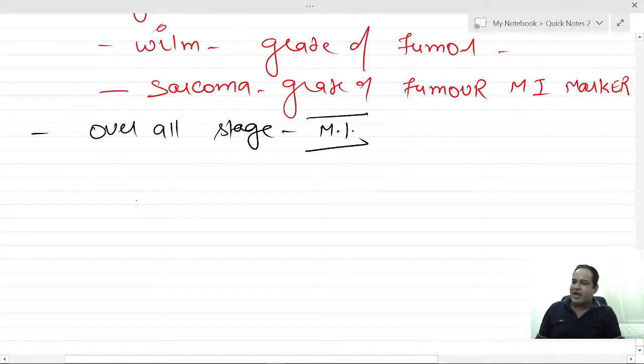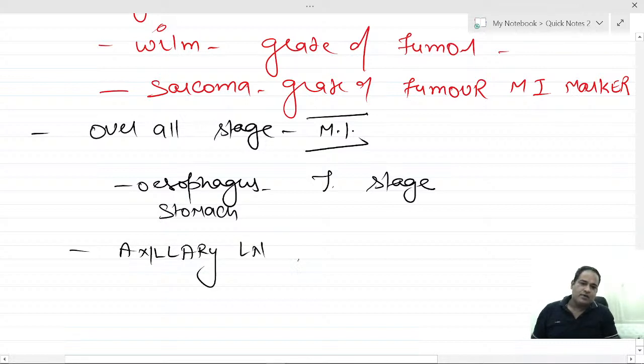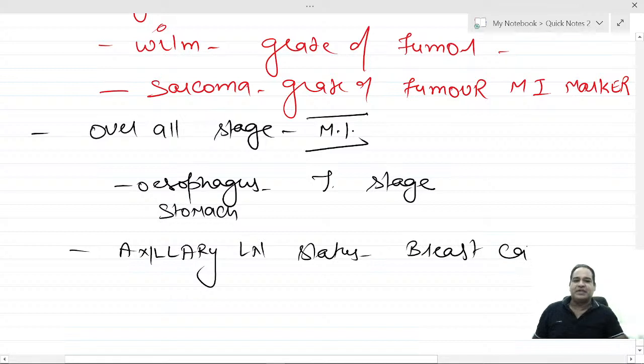I know what you have read is that in esophagus, T stage is the most important prognostic marker. This is also the most important prognostic marker in stomach cancer. For example, axillary lymph node status is the most important prognostic marker in breast cancer.